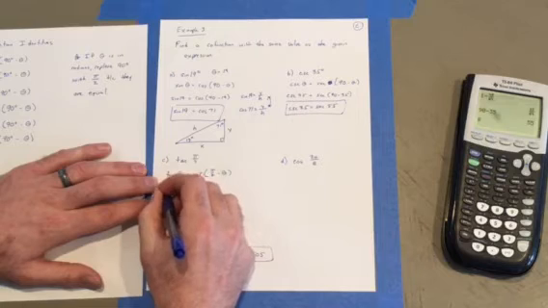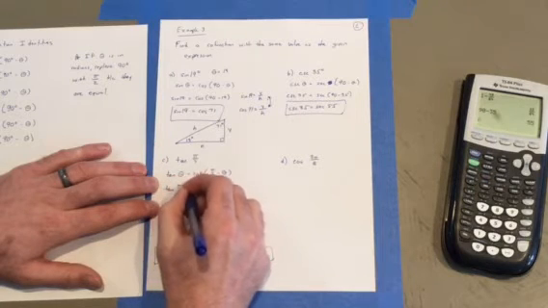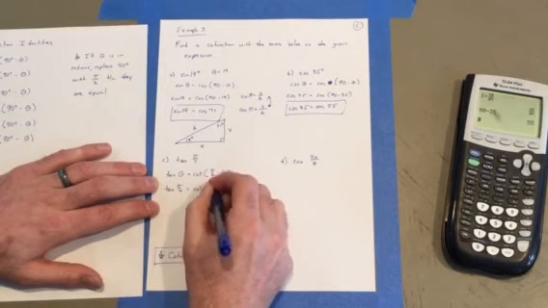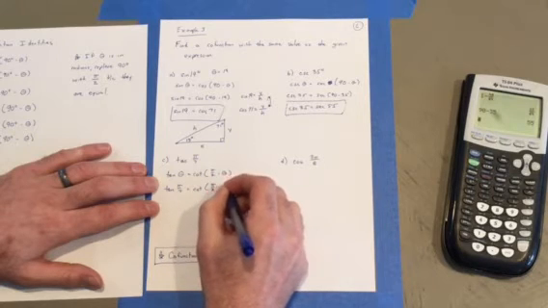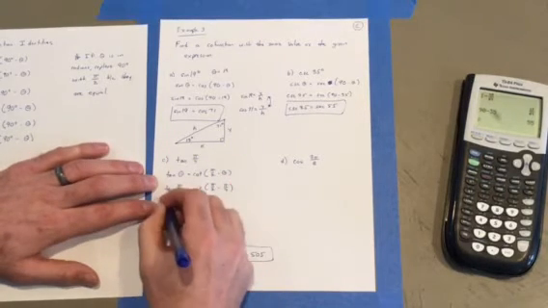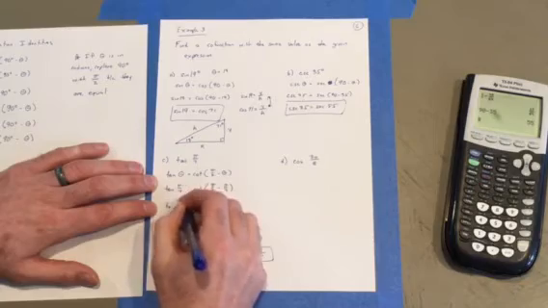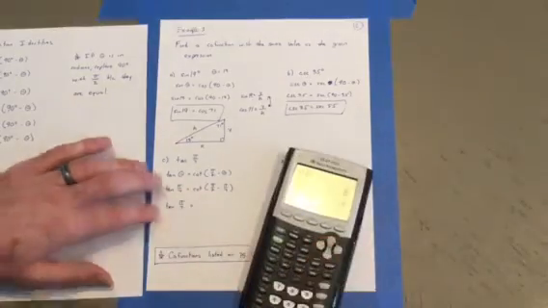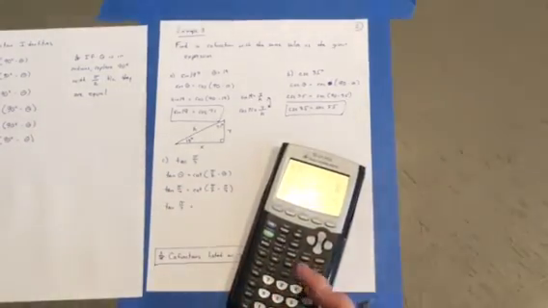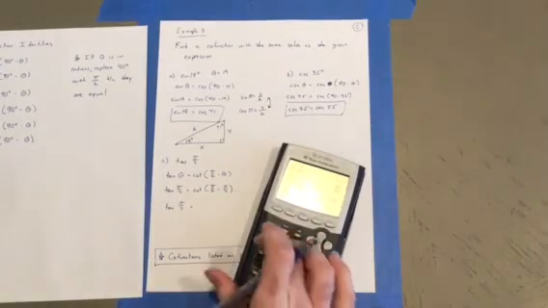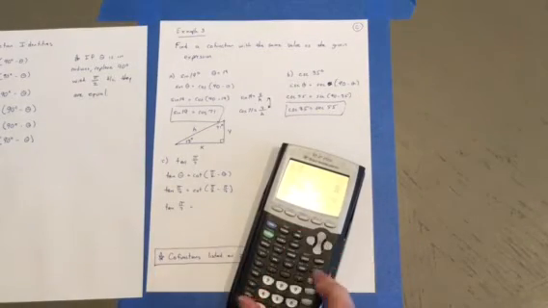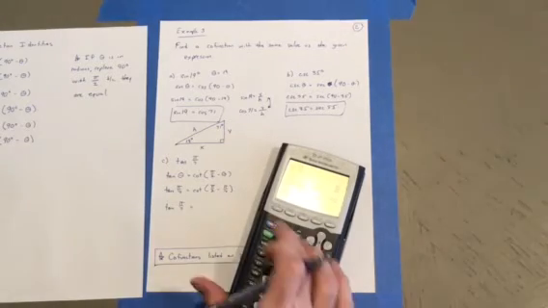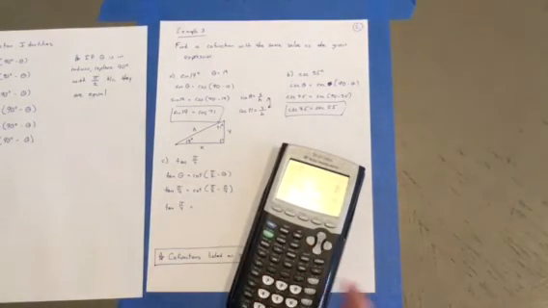So I've got tangent pi over 7 equals cotangent of pi over 2 minus pi over 7. Now I need to figure out what pi over 2 minus pi over 7 is.